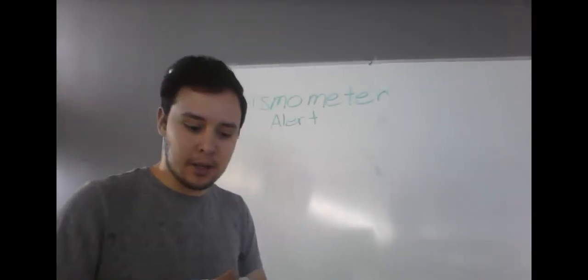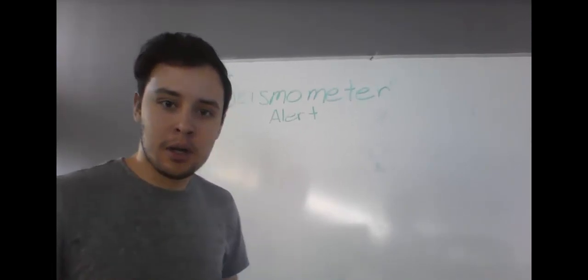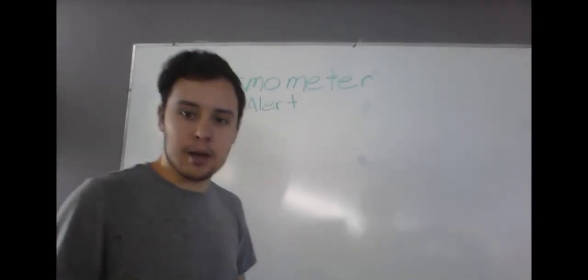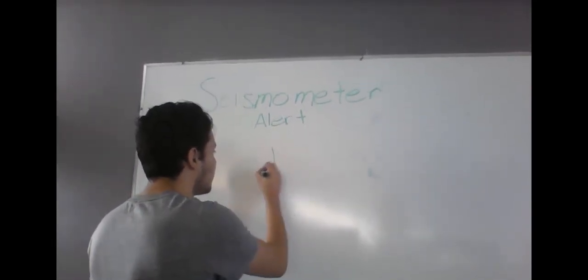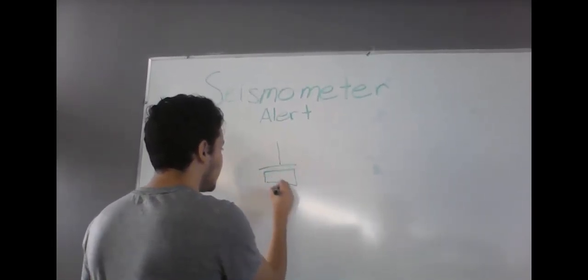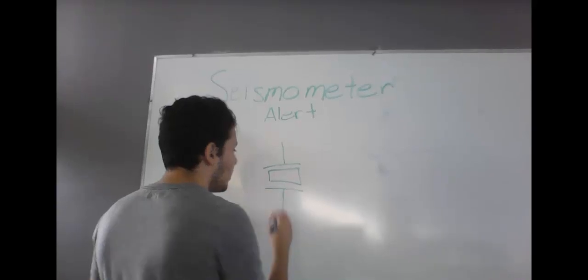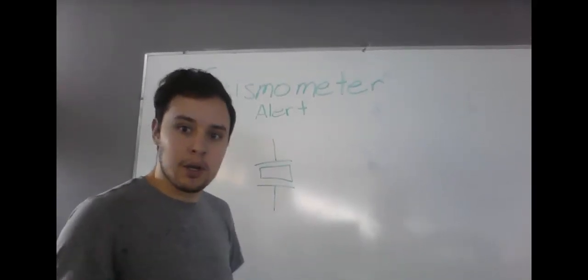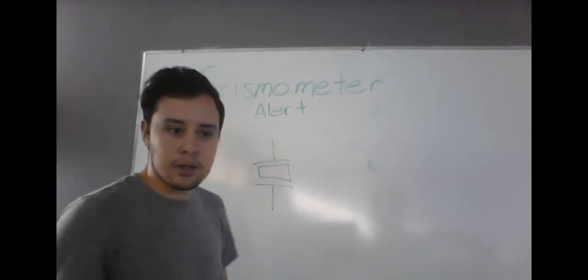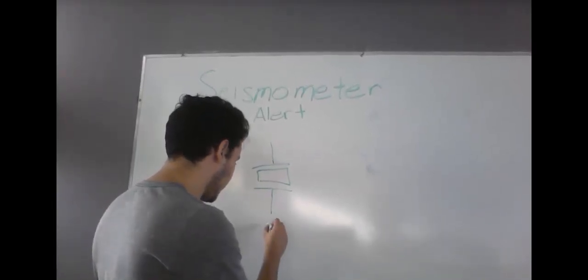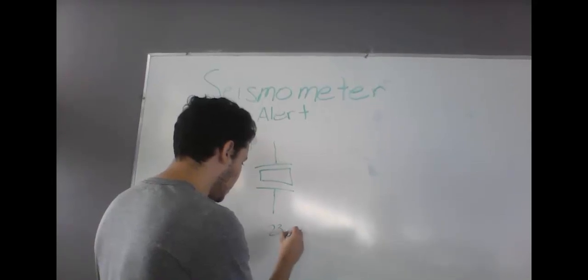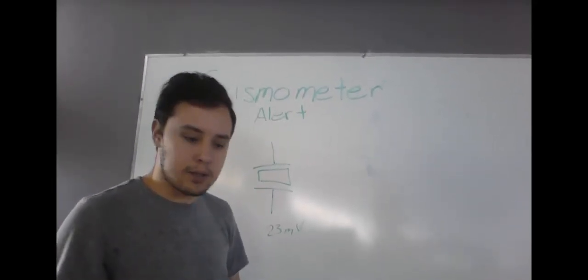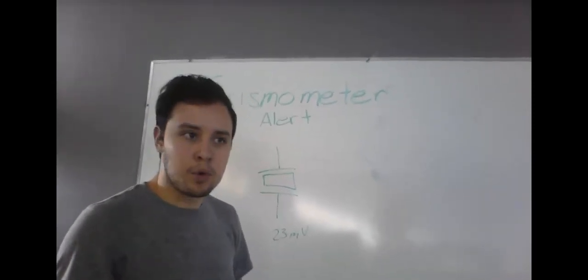We'll be explaining the functional block diagram of the seismometer alert. First we have a piezo sensor, which will be represented like this. This piezo checks the vibration, and normally it oscillates around 23 millivolts, which is the signal when it's not moving.